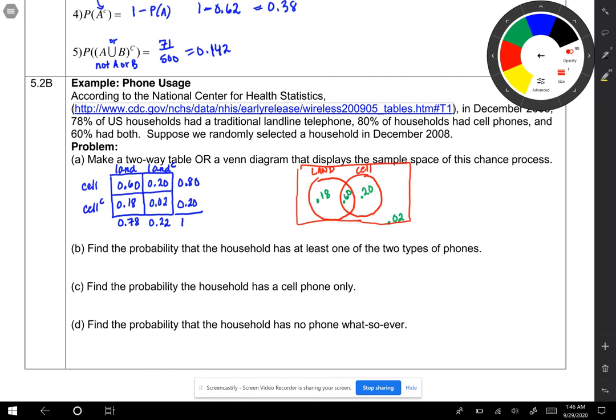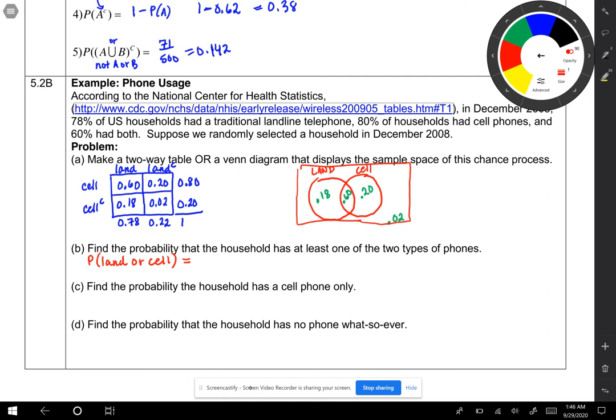Find the probability that the household has at least one of the two types of phones. So the probability that a person has a landline or a cell phone is, and you can use the Venn diagram or you can use your two-way table.